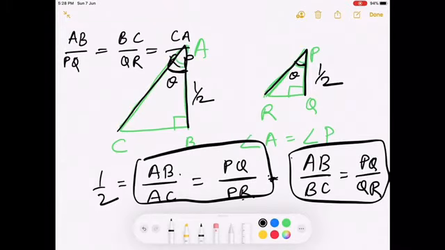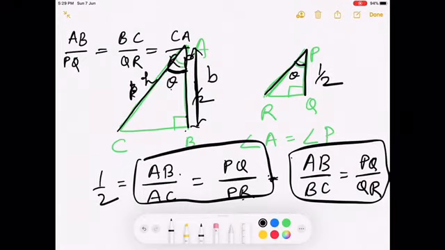So for a particular angle theta, as we know, this side will be considered the base and this side will be considered the hypotenuse. If angle theta is fixed for a right angle triangle, then the ratio of base to hypotenuse will always be fixed.